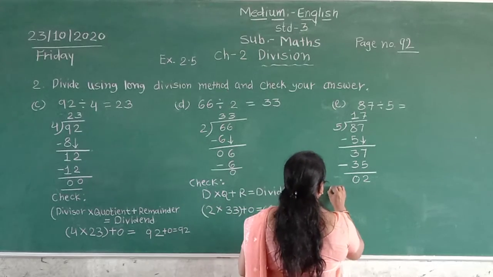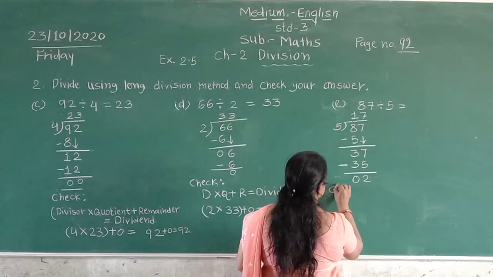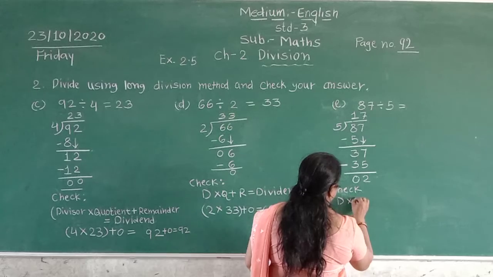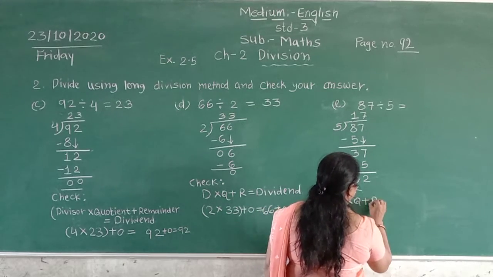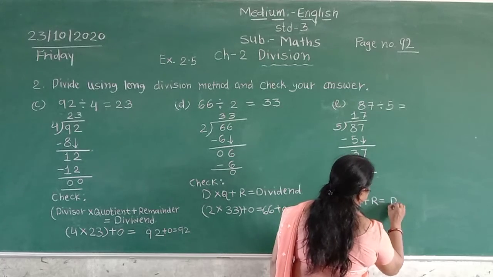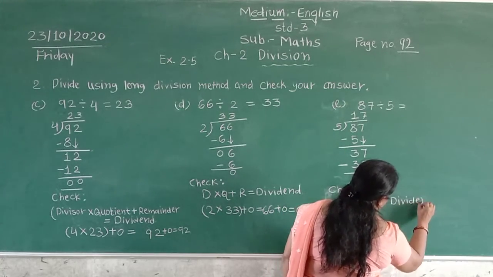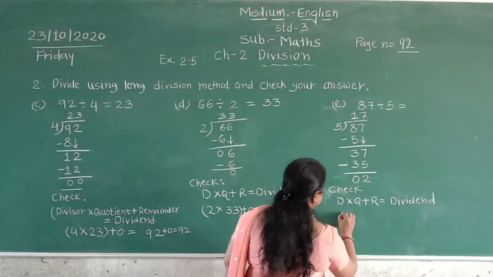So we write here D. Check our answer. D multiply quotient plus remainder equal dividend. Okay. Now the divisor is 5.